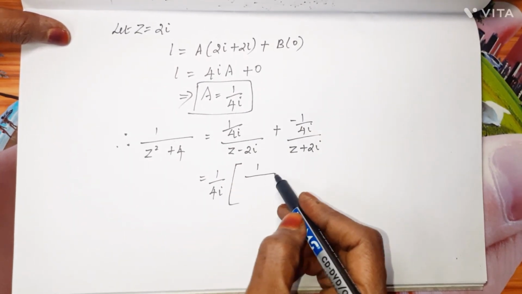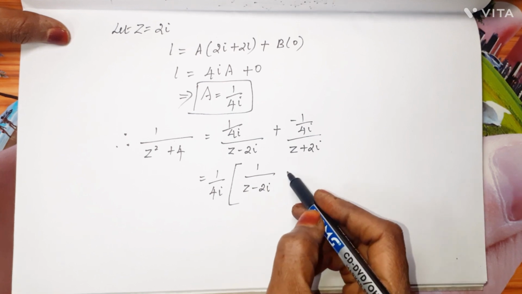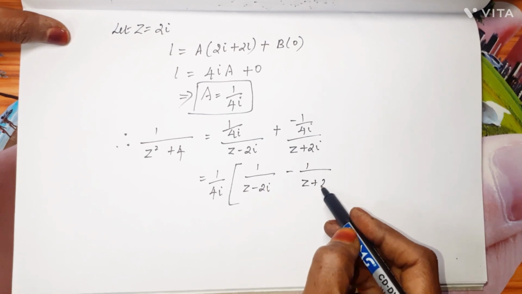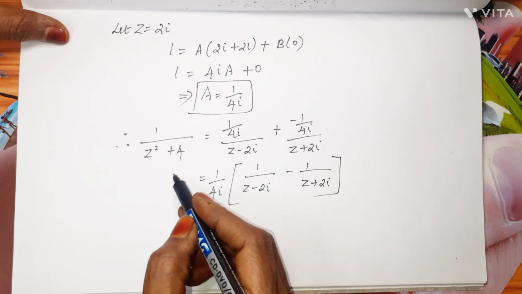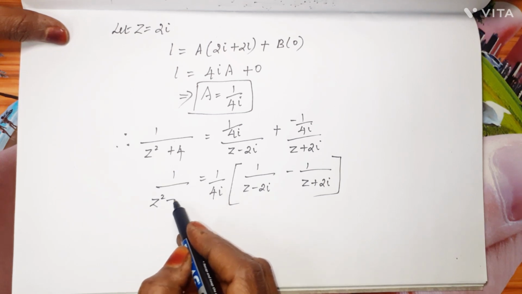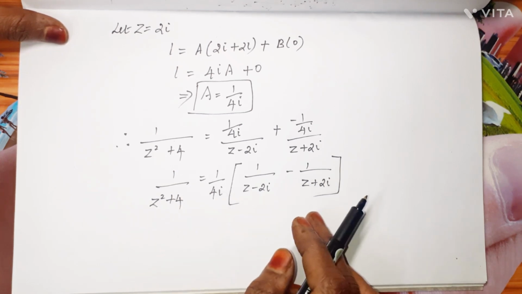So we have 1 by z minus 2i minus 1 by z plus 2i. So finally we have split this quadratic form into linear factors.